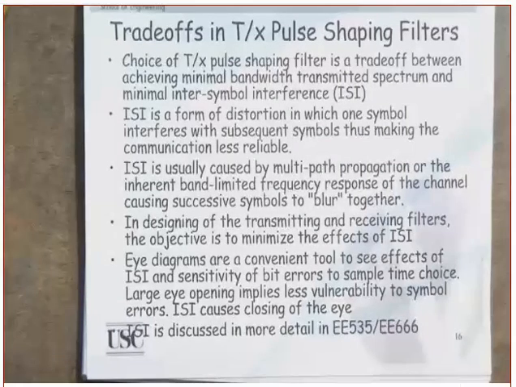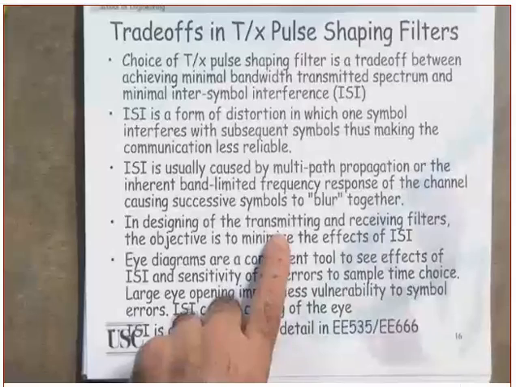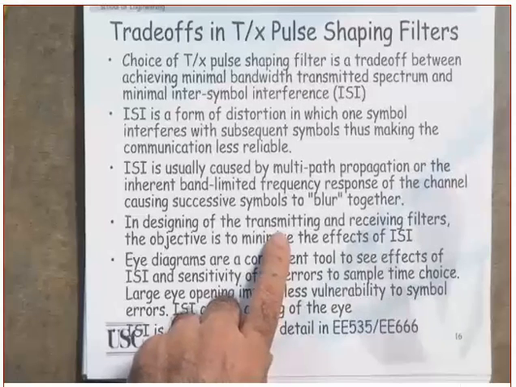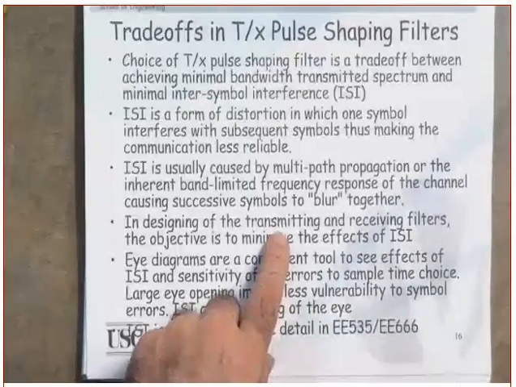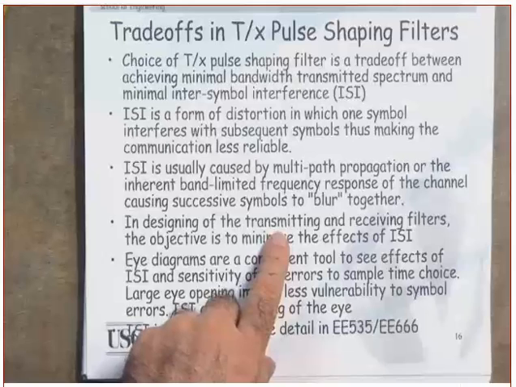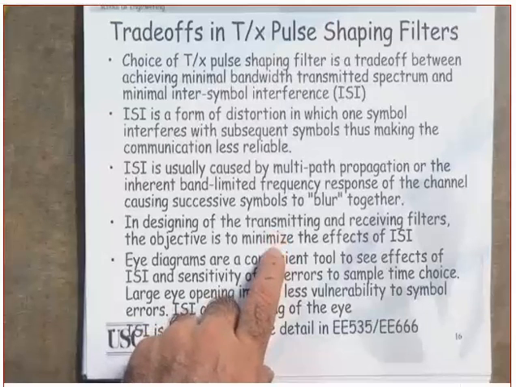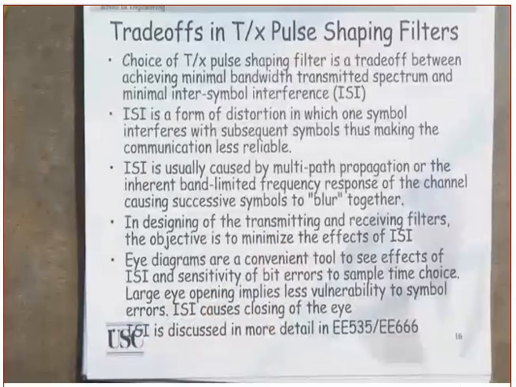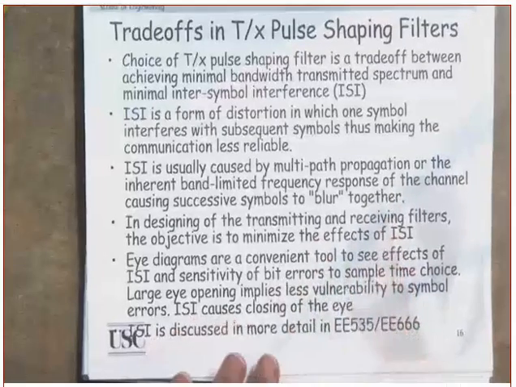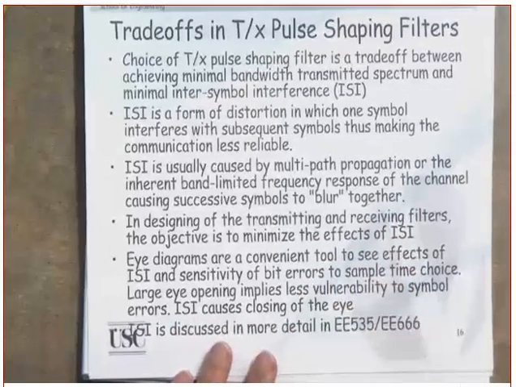The whole purpose is to design the wave shaping filter such that it will have a minimum effect on the intersymbol interference. Clear? It tries to minimize the effects of the ISI. Now, how do you judge whether there is ISI or not?